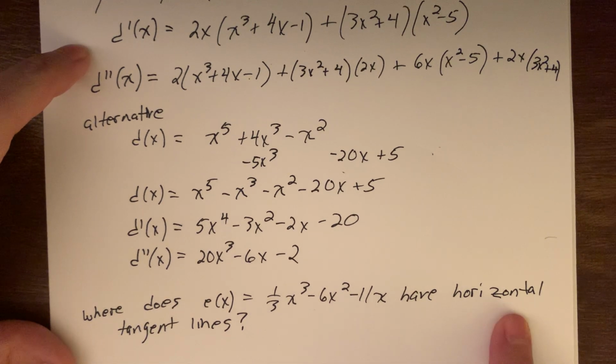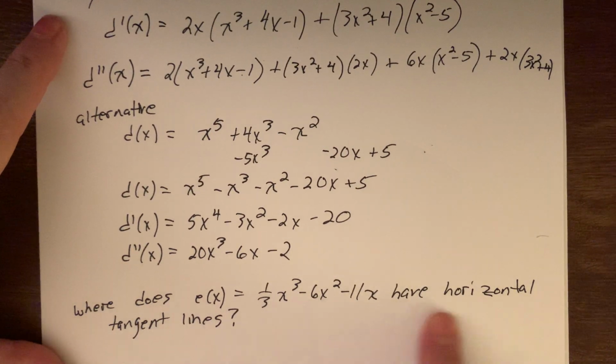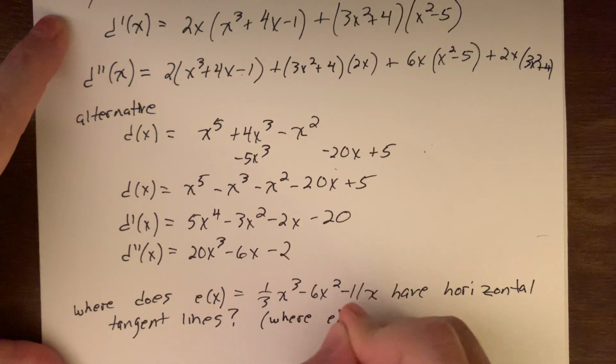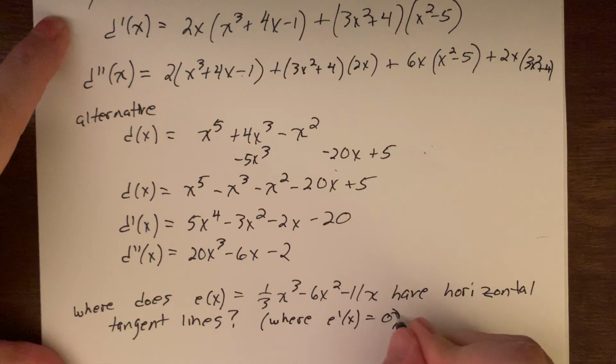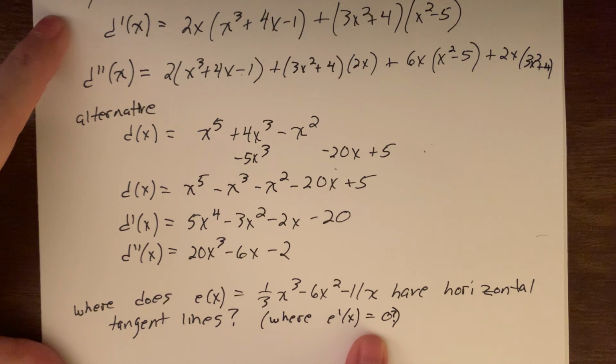So, horizontal lines have a slope of 0, but they're horizontal tangent lines, so that means their derivative must equal 0. A slight retranslation here. Where does this function have horizontal tangent lines is the same thing as saying, where does the derivative equal 0?